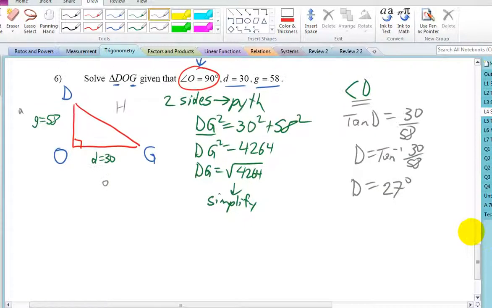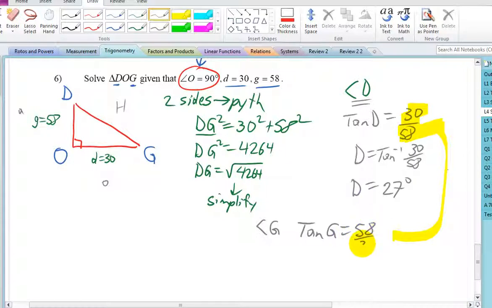Okay. So then angle G, what's the ratio for angle G? Tan G equals what? Notice tan D is 30 over 58. So what is tan G going to be? 58 over 30. Good. All right, you just flip it.